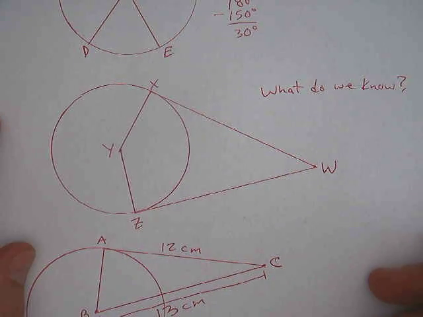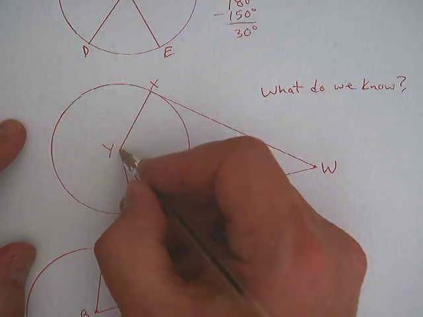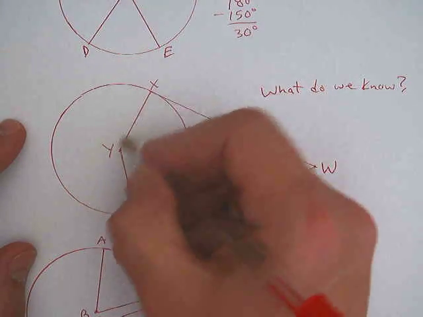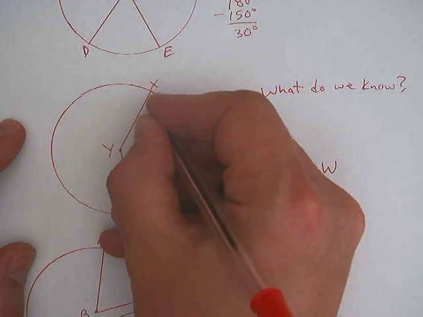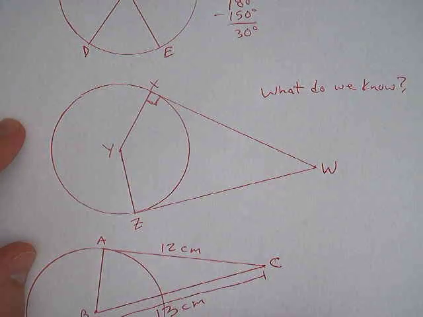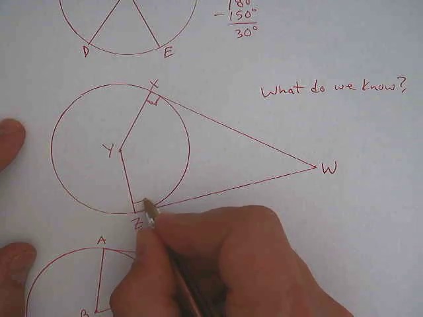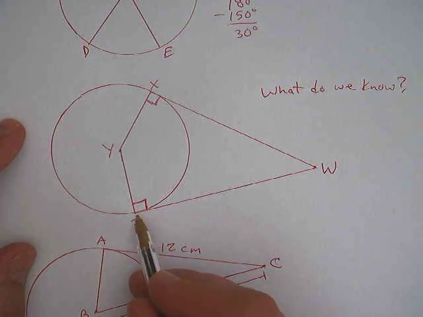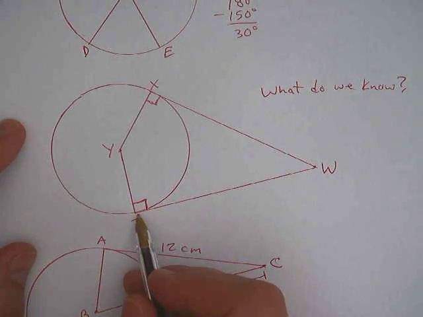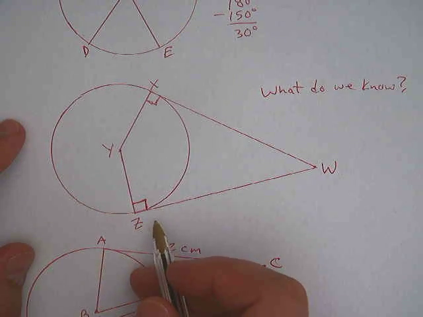This is what you may be asked on a test. First of all, YX is a radius. Tangent segments are perpendicular to the radius, so this must be a 90-degree angle. Angle Z must also be a 90-degree angle because YZ is perpendicular to WZ.